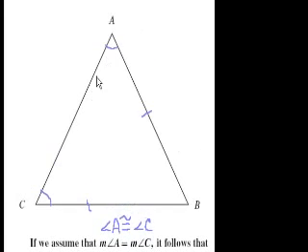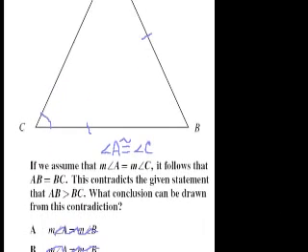They didn't say that this is definitely true. They just said that if we assume that, this is true. And that's where the contradiction came, because if we assumed it, then AB could not be greater than BC, because then AB would equal BC. So this is an assumption. This isn't actually proven to be true. So this contradicts the given statement that AB is greater than BC.